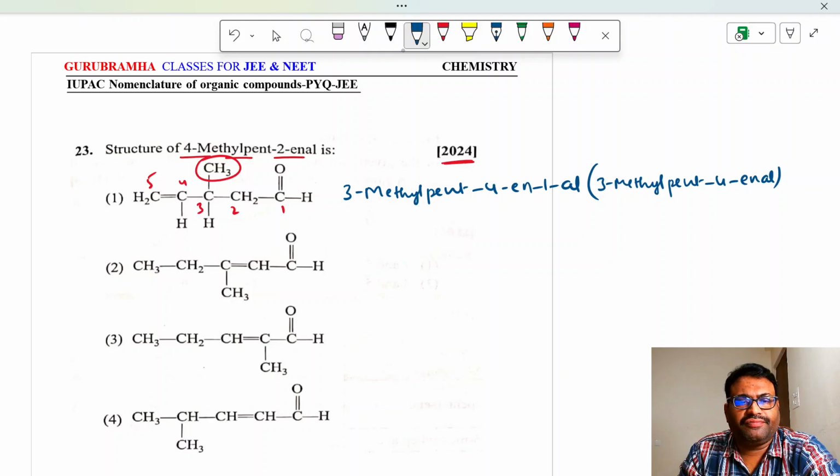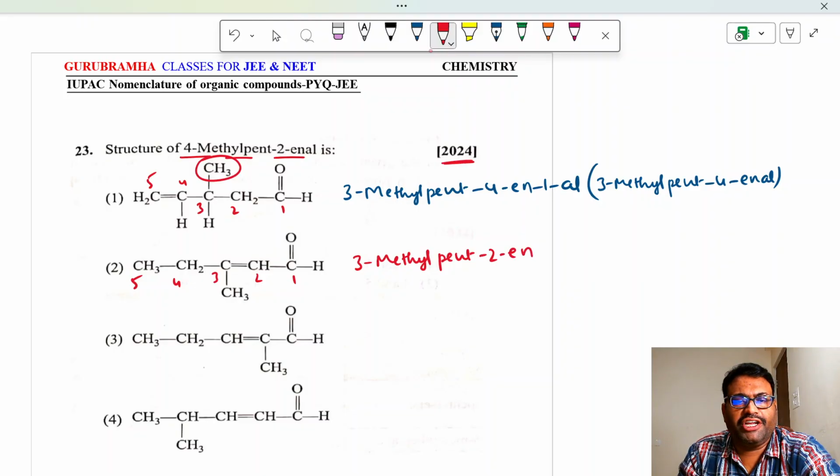Okay. Second one, numbering 1 because of the aldehyde functional group, 2, 3, 4, 5. What do you write? 3 methyl pent 2 enal. Simple.